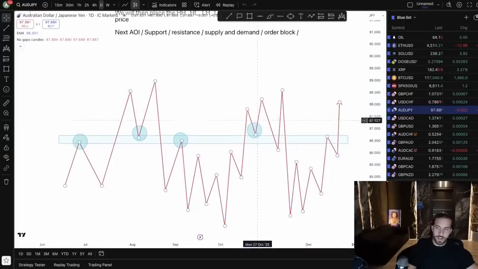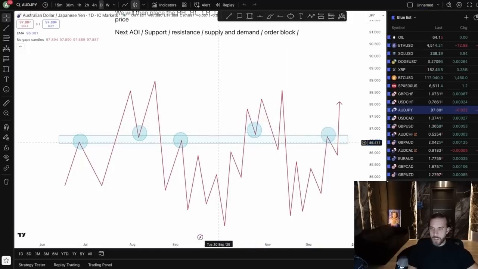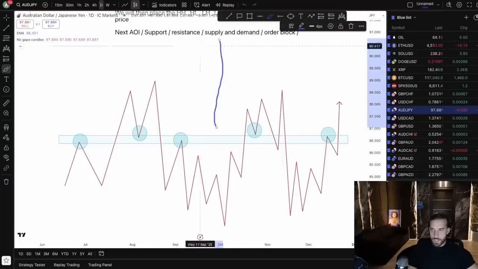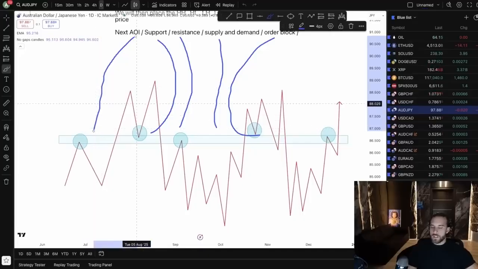So this right here where you are seeing this blue box, this right here is a supply and demand zone. This right here is a support, and this right here is a resistance. This right here is an order block. This right here is an area of interest. It is all the same thing.